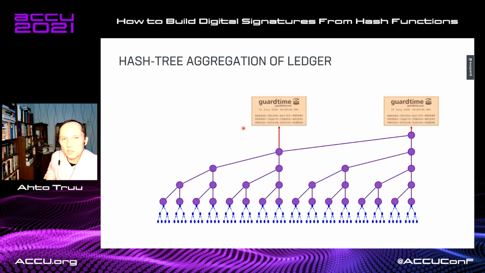So this is a very brief summary of how this hash tree aggregation based hash and publish timestamping works in industrial scale.